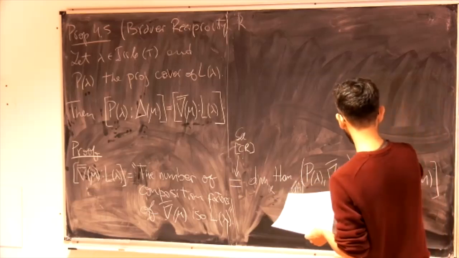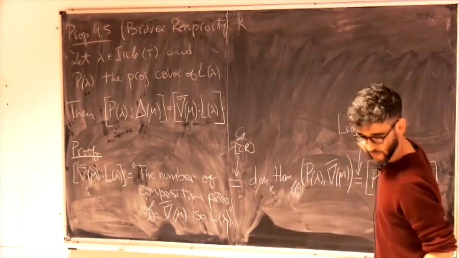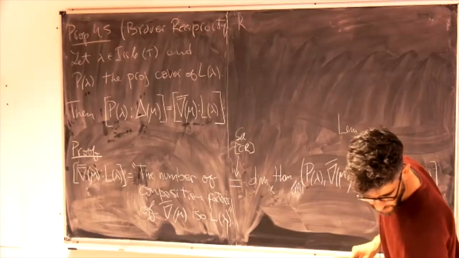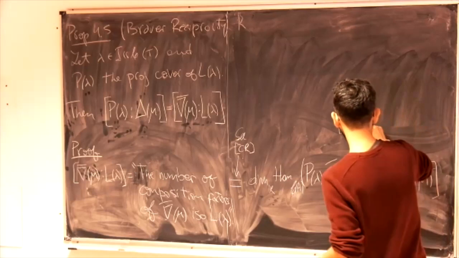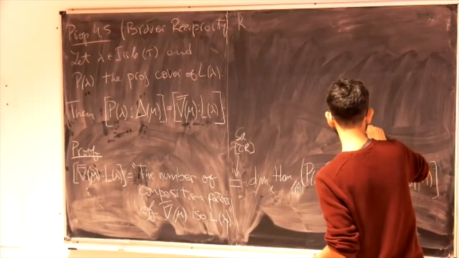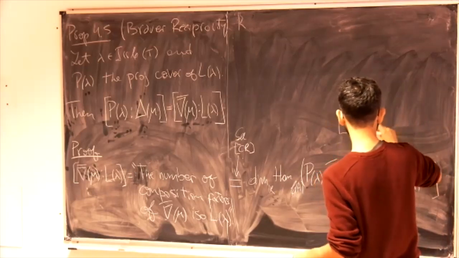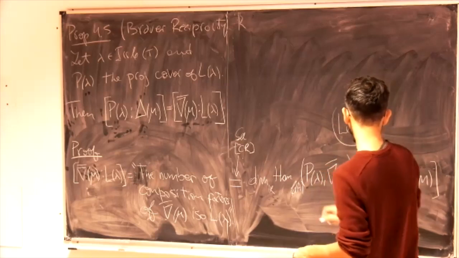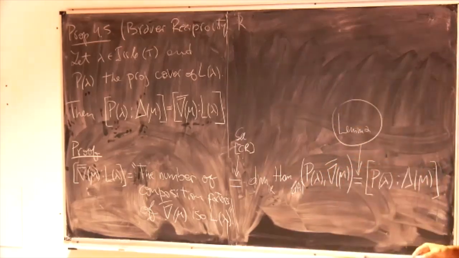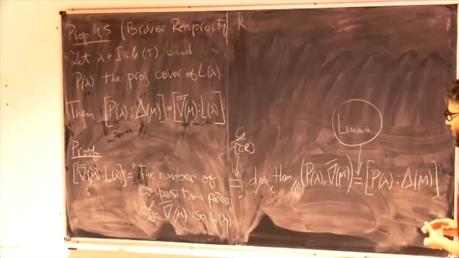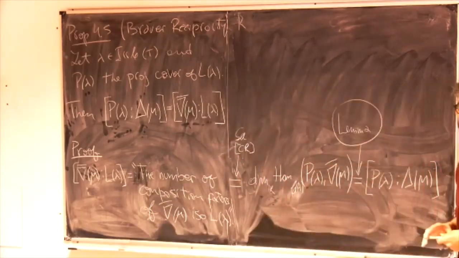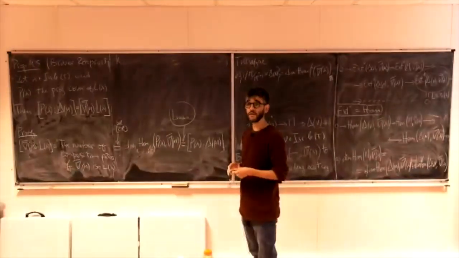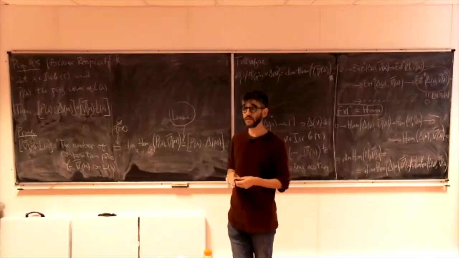This is by the lemma just proved before. So that is all, because we already worked a lot before. This is all the proof of this proposition, the Brauer reciprocity.